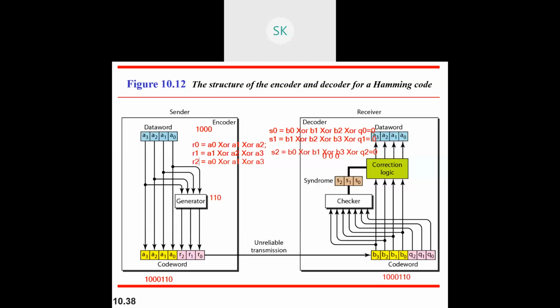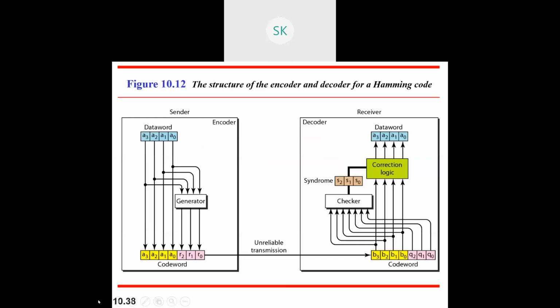So this is how it will be working with respect to the structure of your encoder and decoder for a Hamming code. Hamming code is nothing but an error correction method. One method that we are using for error correction is Hamming code. So this is how it will function with respect to your Hamming code.